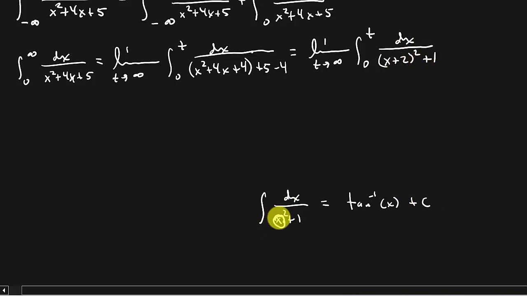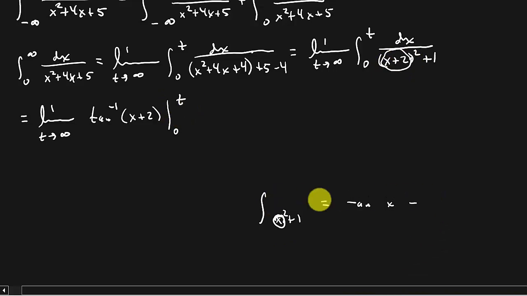Instead of the x being squared, the x plus 2 is squared. So this would be the limit as t goes to infinity of inverse tan of x plus 2, right? See, we've got x plus 2 instead of x. And that's going to go from 0 to t.